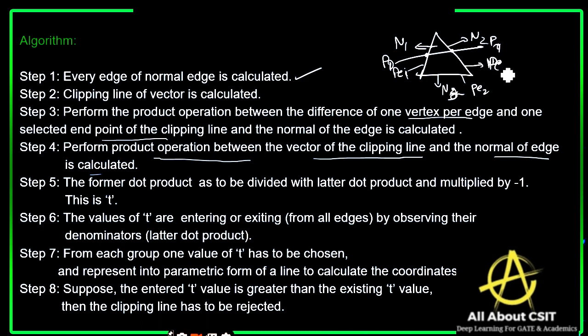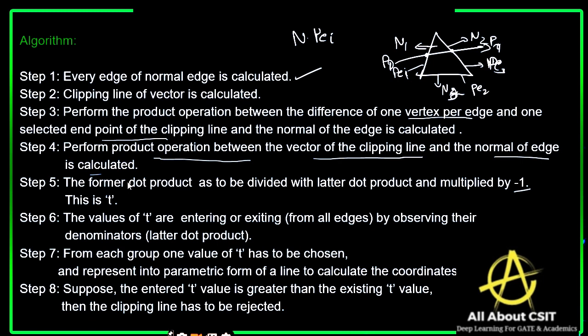A point at edge has to be calculated, and we perform the dot product on the normal vector and the point at edge. The former dot product is divided by the latter dot product and multiplied by -1. Then you get the time t.